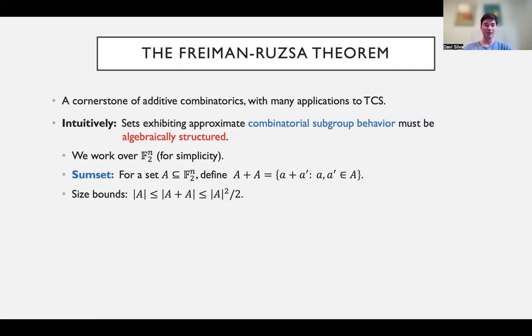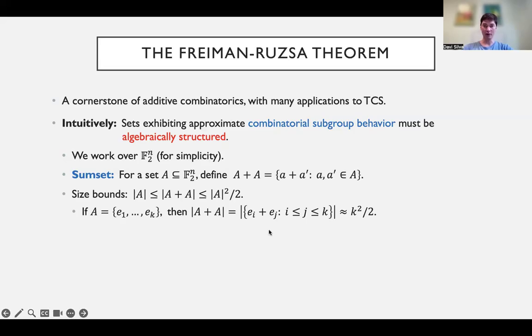So, some examples to get some intuition. First, if A is the set of, say, the first k basis vectors, e_1 up to e_k, then A plus A will be just the set of all doubles, e_i plus e_j, which has size about k squared divided by 2. So we get the upper bound here, up to lower order terms.